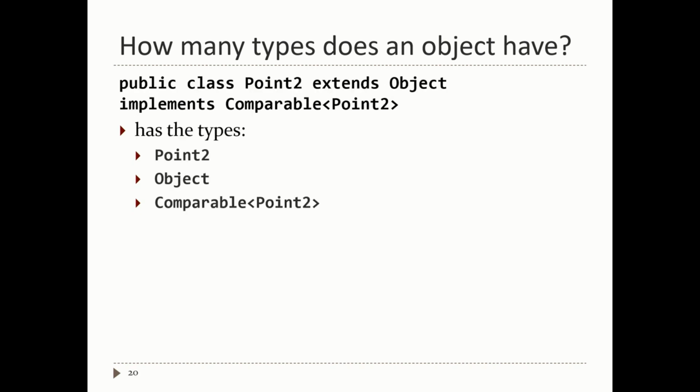So for example, our class Point2, we didn't say so, but it really extends Object. And if we decide to implement Comparable, then Point2 actually has 3 types. One of its types is Point2, its own type. One of its types is its ancestor classes, so that's Object. And any interfaces it implements, so that's Comparable. So Point2 actually has 3 different types.